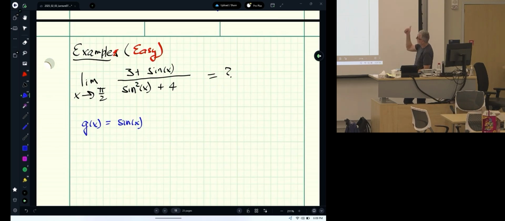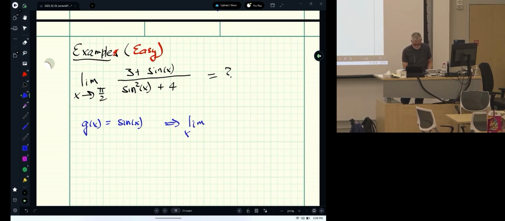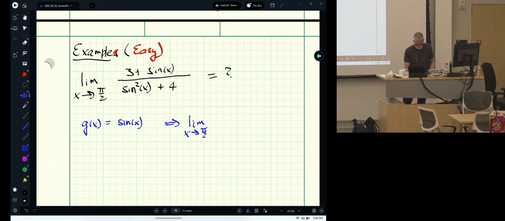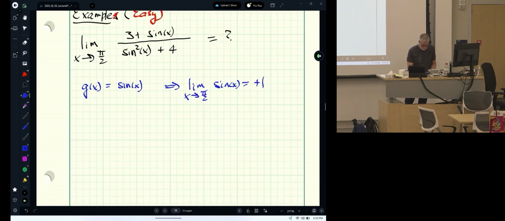Yep, it's plus 1, okay? Let's let f of y be 3 plus y over y squared plus 4. That's a y.